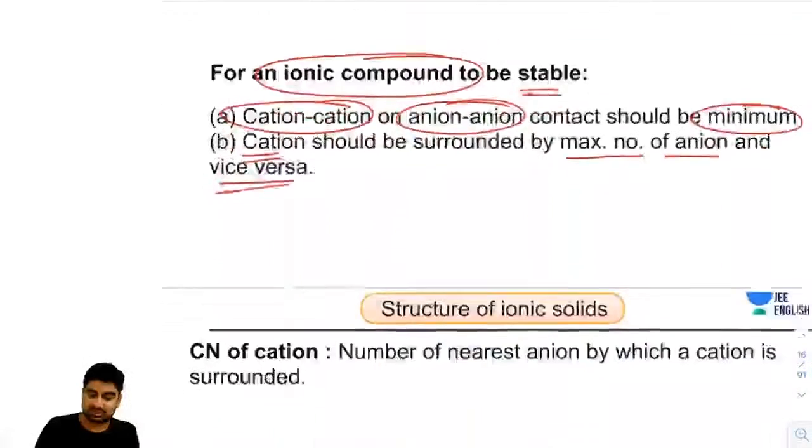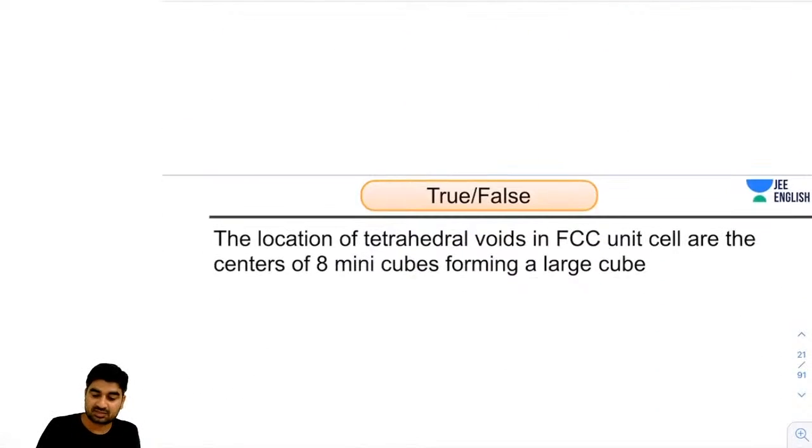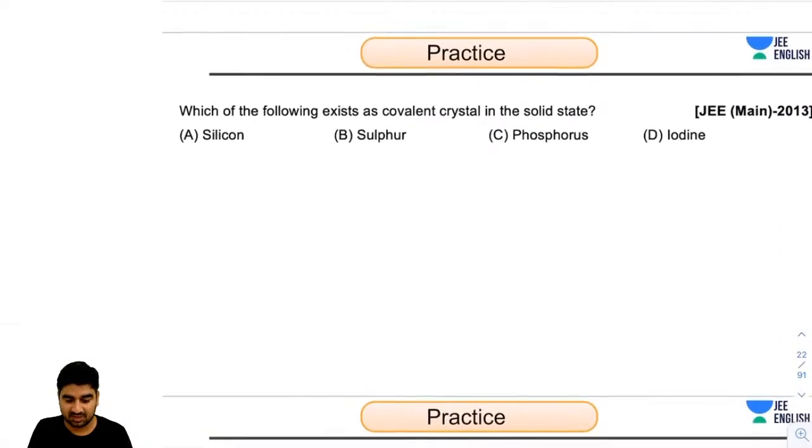So this statement is also true. Yes, Matthews, you are right. You can go through my last class where we did all types of voids and their locations. Right, guys? Any doubt, please ask. No doubt. So let's move to the next problem, guys.